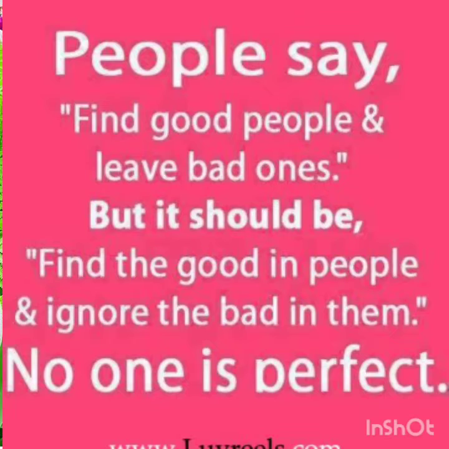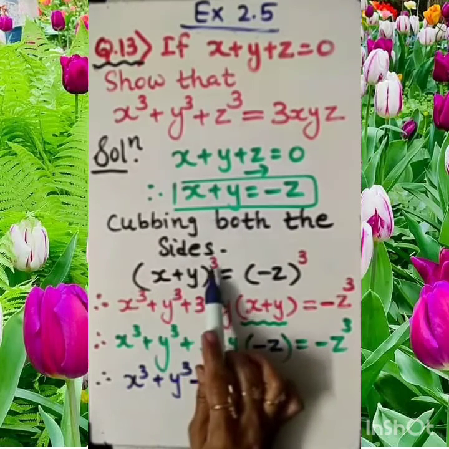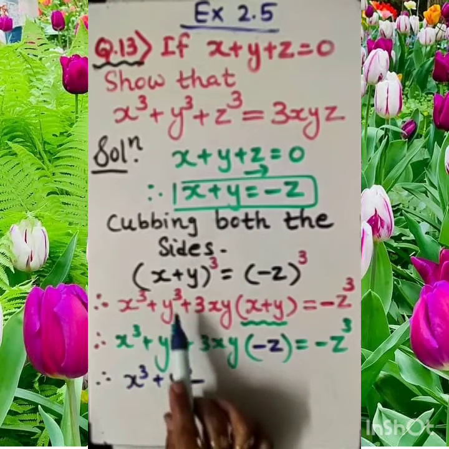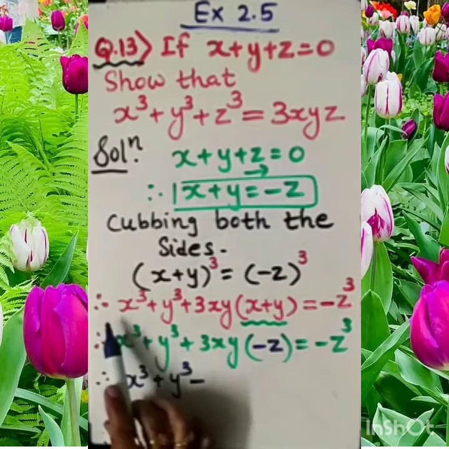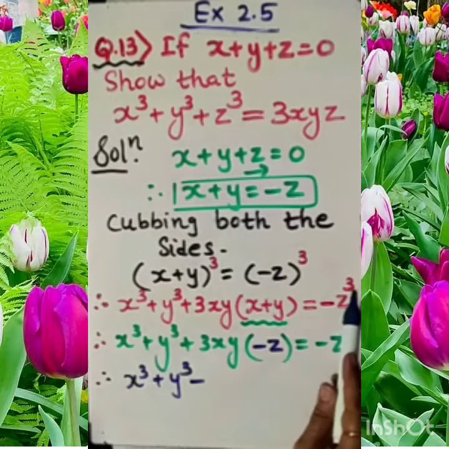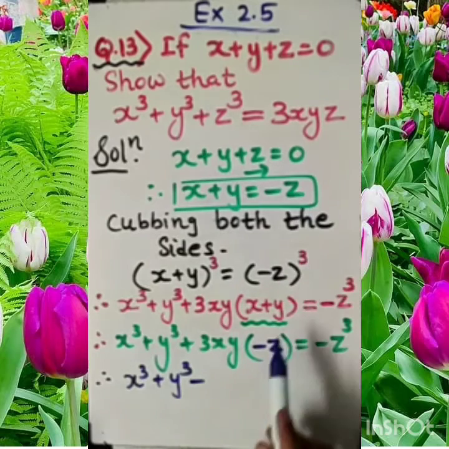Now if we multiply this with this, then what do we have? Just look at your screen. From here I am explaining: x plus y whole cube equal to minus z cube. X cube plus y cube plus 3xy times x plus y. This is the cube identity, minus z cube. Now in place of x plus y I am writing minus z.